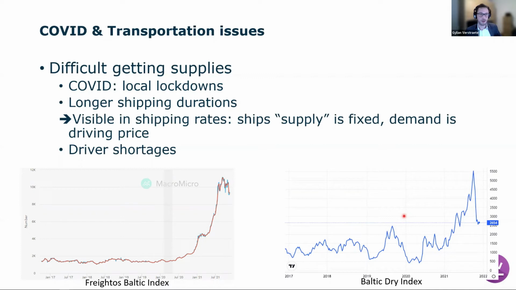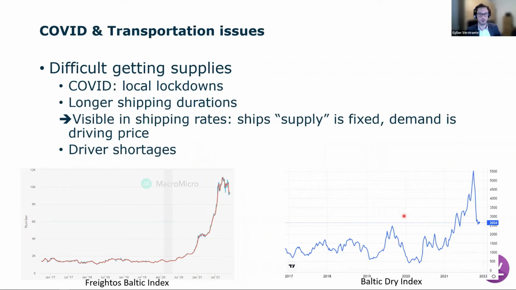We're also seeing longer shipping durations, and that's very visible here below in the shipping rates. Typically, those rates are very demand-driven because the supply of ships typically takes more than a year, building a ship from scratch. So it's a very demand-sensitive price setting, and those shipment price indices are also at all-time highs.